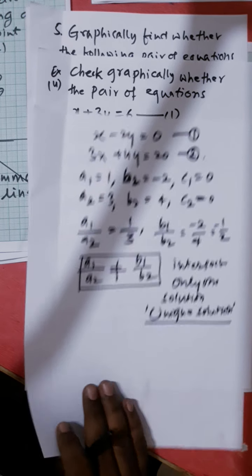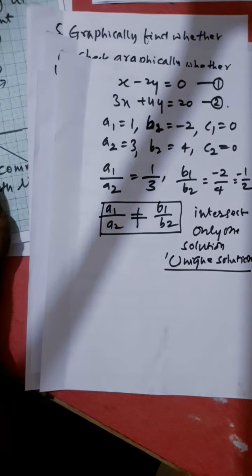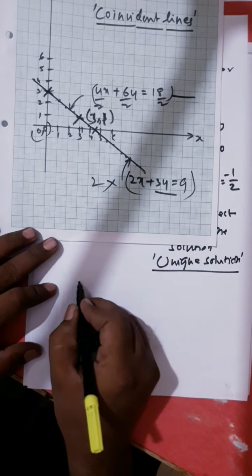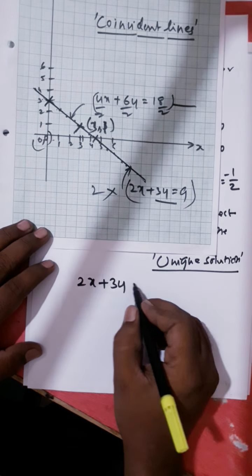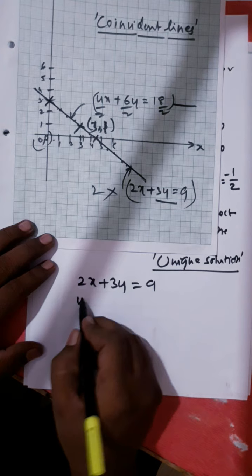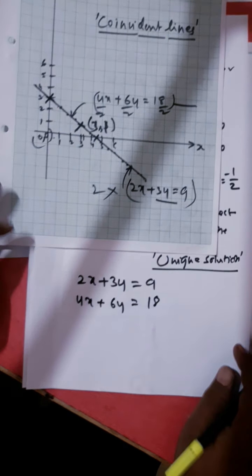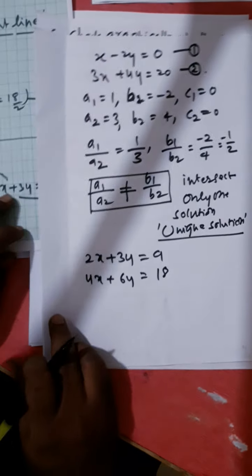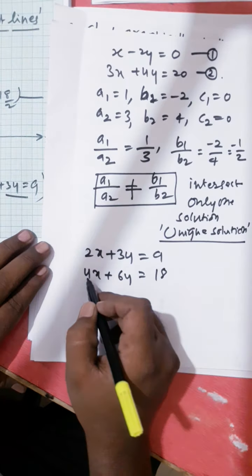Then if I take coincident lines, these are the coincident lines: 2x plus 3y is equal to 9, and 4x plus 6y is equal to 18. Here, compare the ratios a1 by a2, b1 by b2, c1 by c2. What is a1 by a2? This is a1, this is a2.